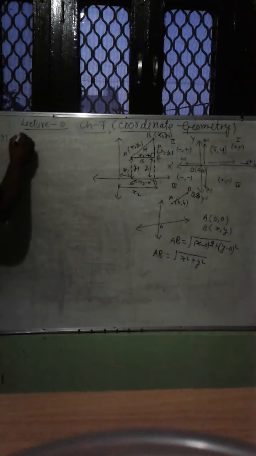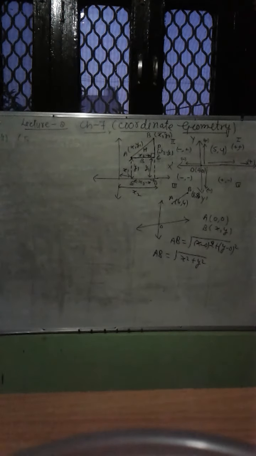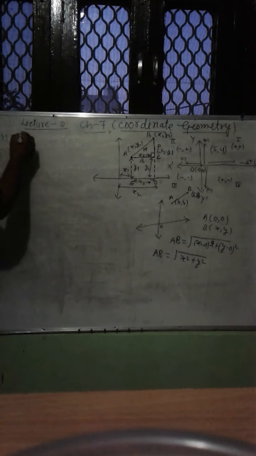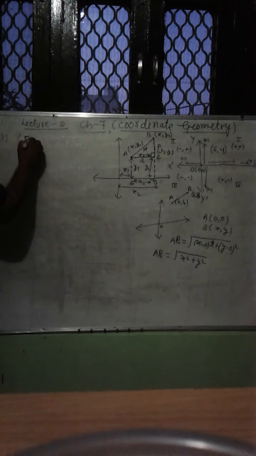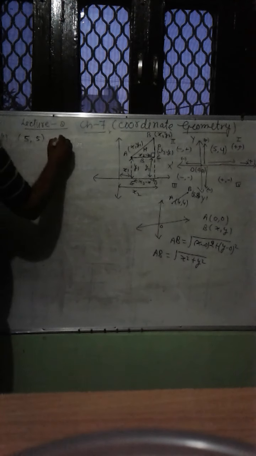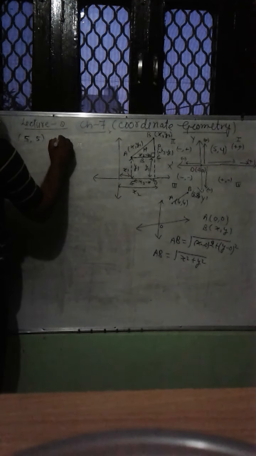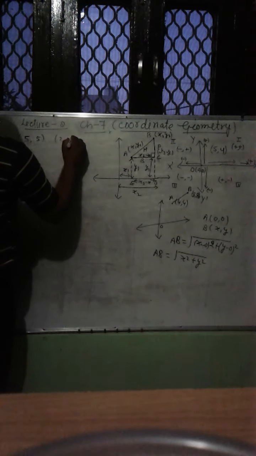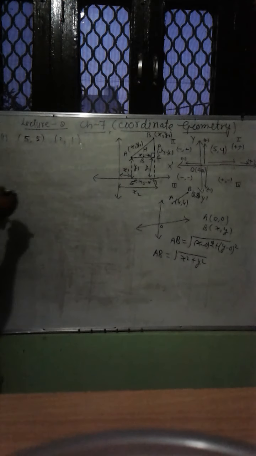The coordinate of point A is 5, 5 and this here is 2, 1. Here are two coordinates: 5, 5 and 2, 1.